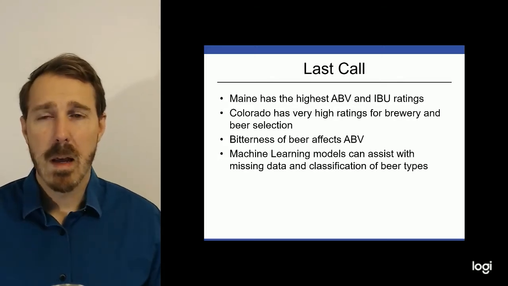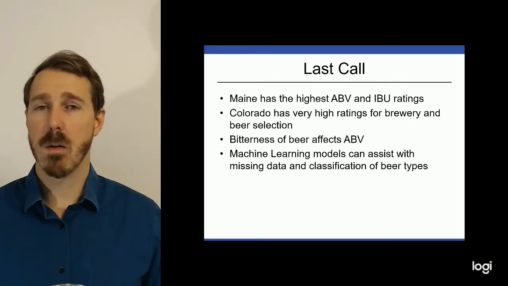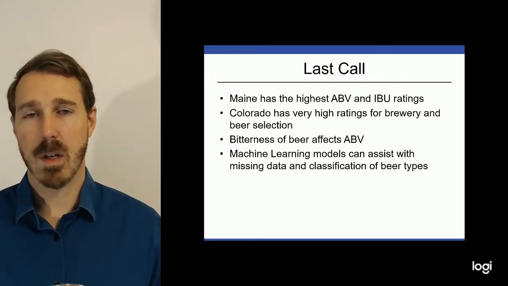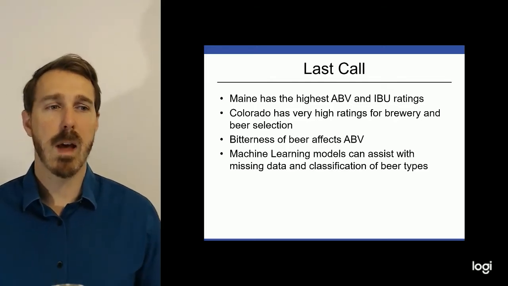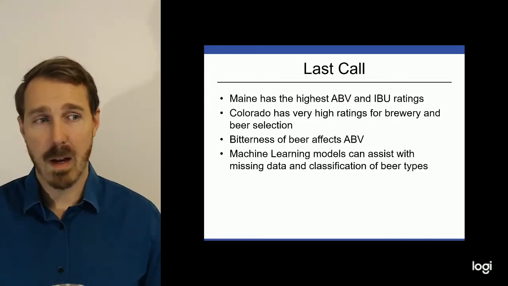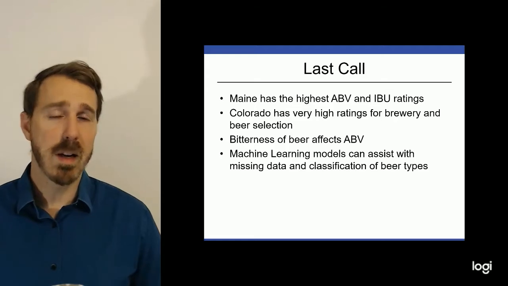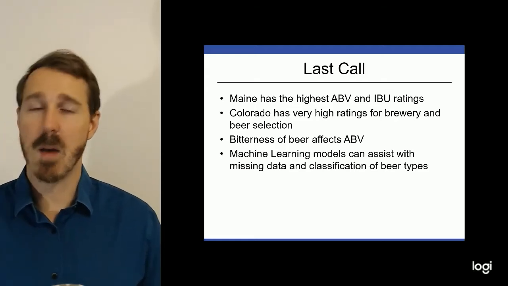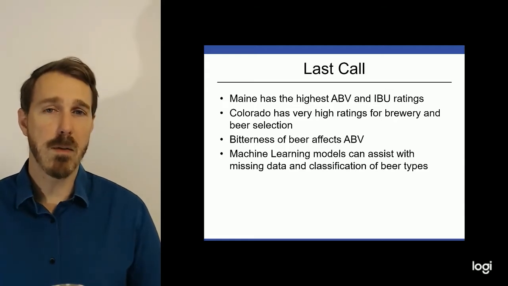In summary, we talked about where the beer and the breweries are located. We talked about notable beers, the trendsetters in the market. We looked at the IBU and ABV and whether or not they're related. We had actually built a machine learning algorithm, that I don't have a slide for, that classifies beers as an IPA or not using only ABV and IBU.